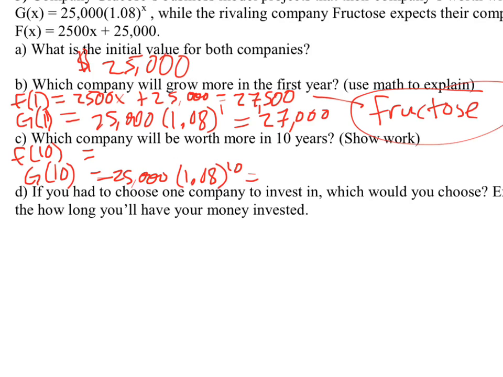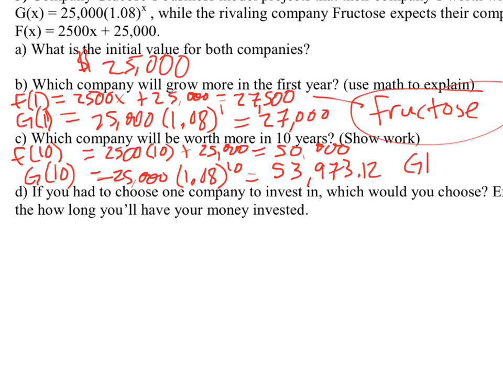And then the next one, 2,500 times 10 plus 25,000 is going to give you 50,000. And the other one would give you about $53,973.12. So the company would be the glucose one.